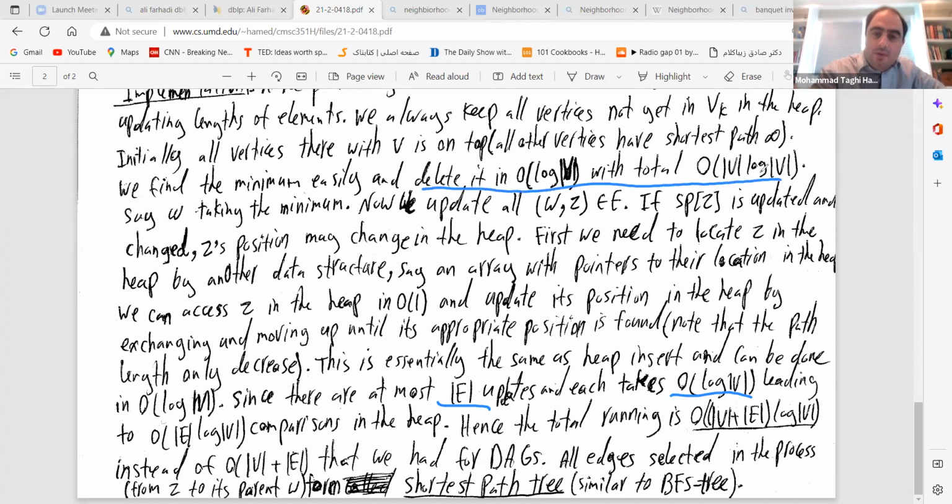The delete min also takes log V, and there are V of them, so V times log V. So this plus this would be the final. And as I mentioned, for DAGs we could do slightly better; there was no log V.